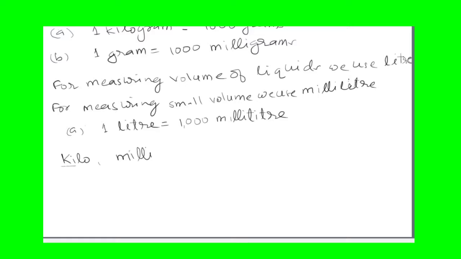These have specific meaning. The kilo is 1000 times greater and milli is 1000 times smaller of a unit.